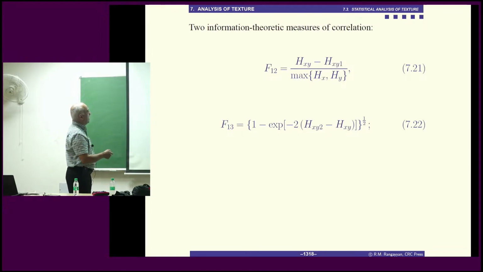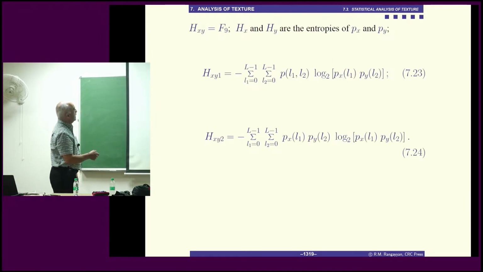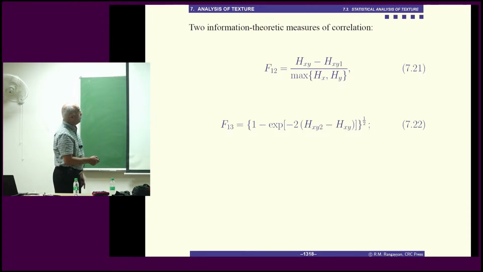That is 12, and 13 is this, where these entropies are: HXY1 is the entropy of p(l1, l2), but log of the p_x and p_y. And here you have the product p_x p_y, and log of that. So they define two more measures of entropy and combine them here.